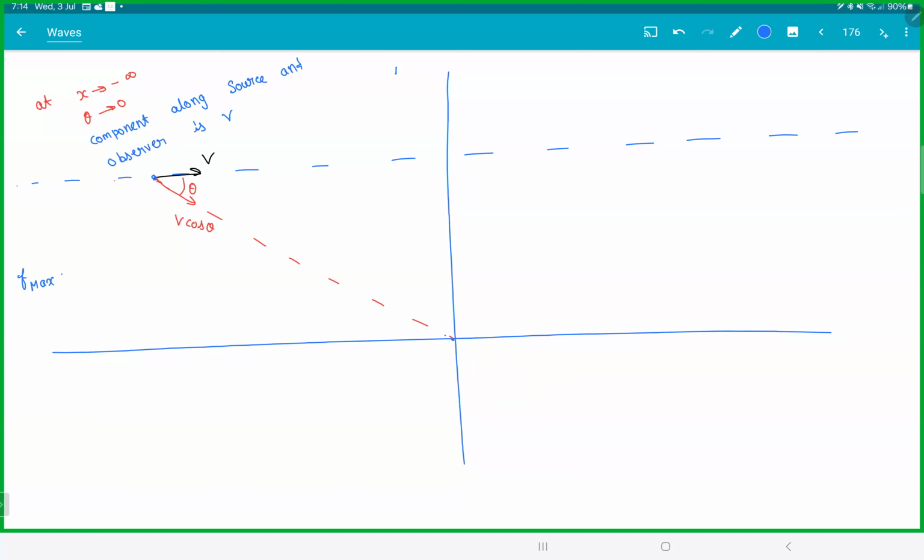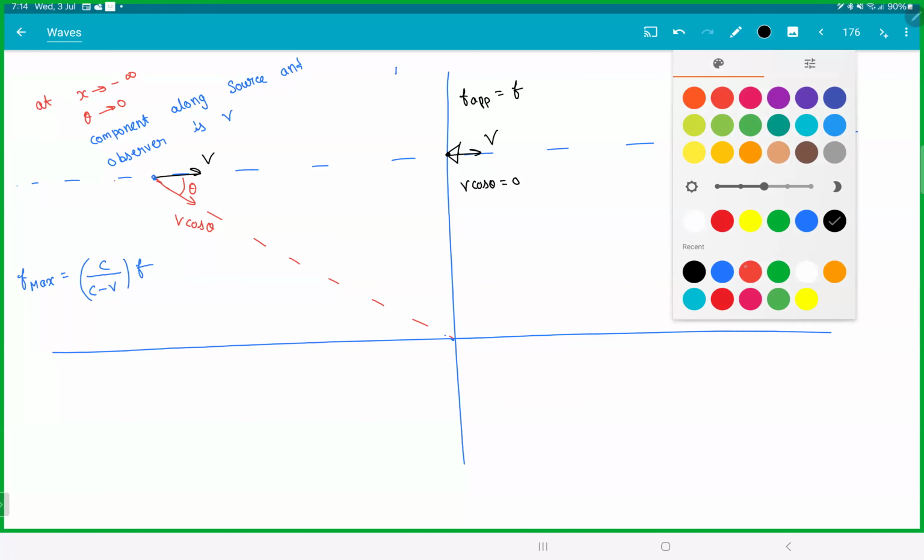So F max, the frequency heard for this will be, since the source is moving, C over C minus V into F. So when you're coming from minus infinity to the origin, you can clearly see the velocity component V cos theta is decreasing. When this comes here, the velocity is V here. At this point, the V cos theta component is 0. Meaning at this point, he will hear the same frequency, F apparent is equal to F.